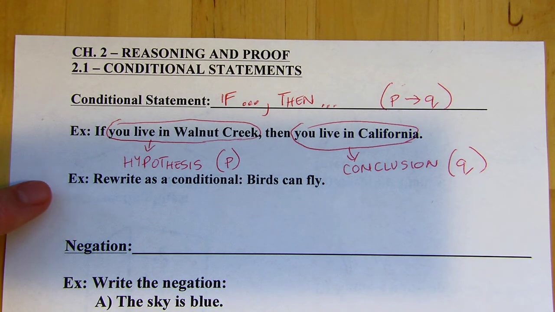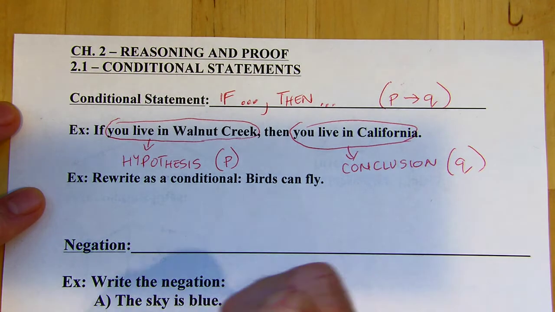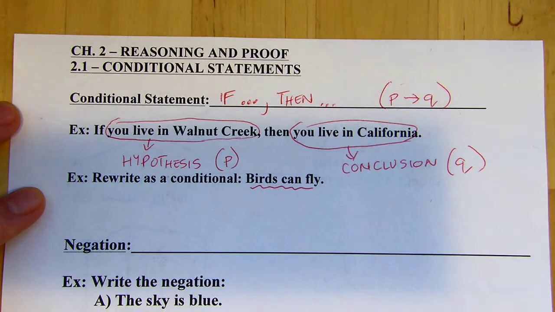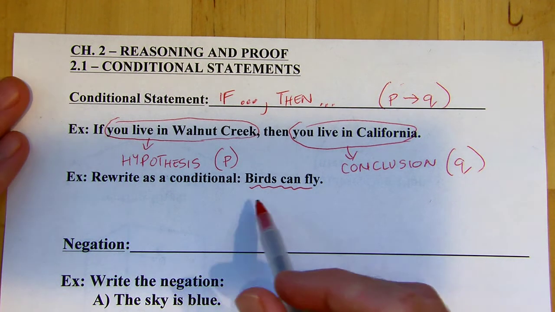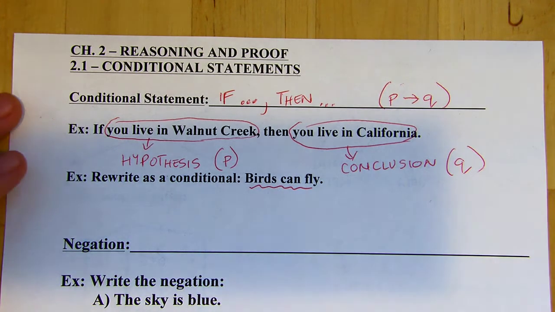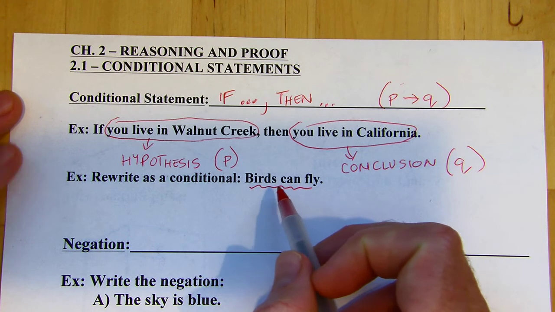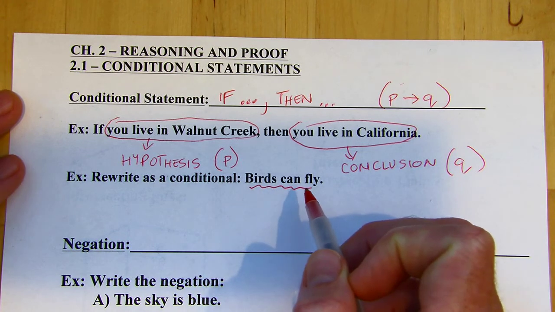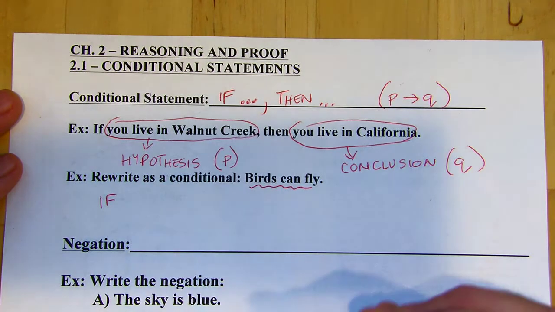Okay, and so this next example says, rewrite this as a conditional. So I'm just going to take this very simple sentence and write it as an if-then. There's different ways you can do that. There's not one particular way, but I just have to take that information and transform it into an if-then with a comma in there. So you can't just say if birds then can fly, or if birds can, comma, then fly. That doesn't make sense, right? So I want to construct a sentence that's in that format that makes sense.